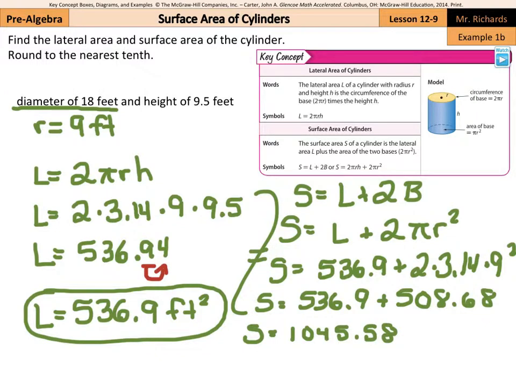And again, we need to round to the nearest tenth. That 8 is larger than 5, which is going to cause us to round up for our final answer, so the surface area is 1,045 6/10 feet squared.